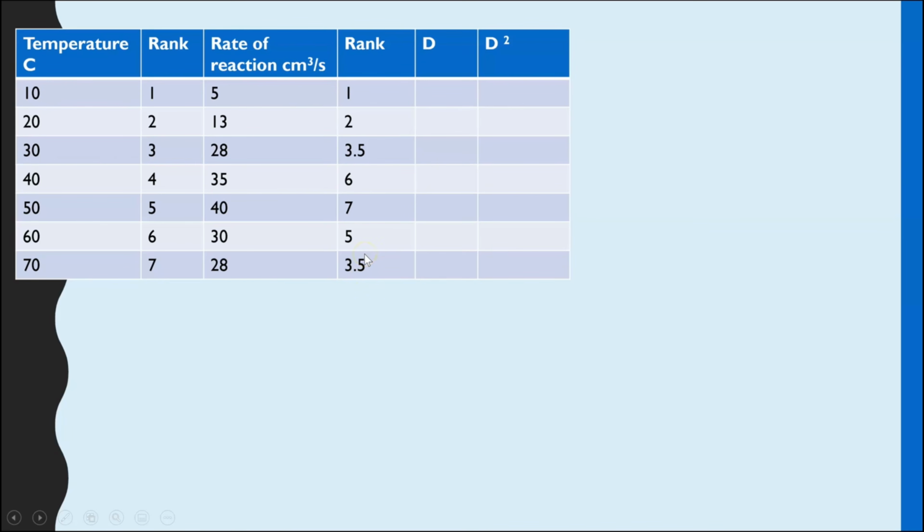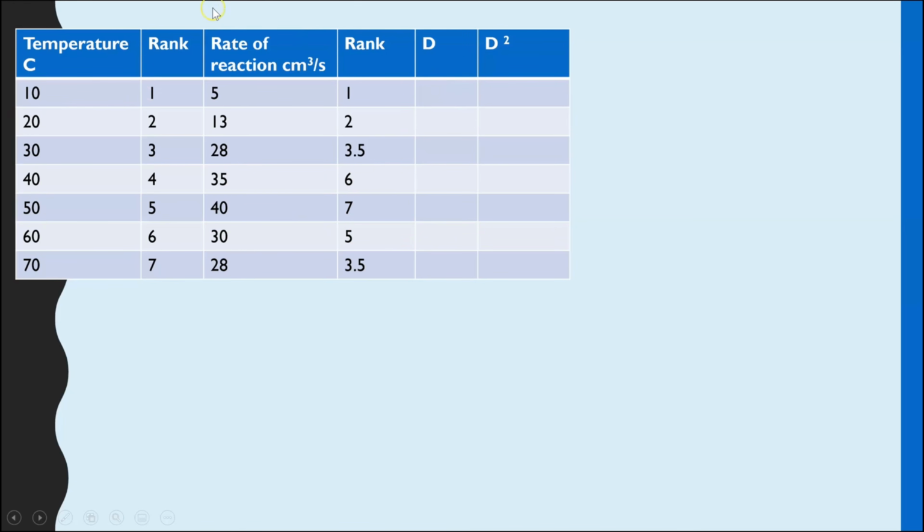And then it is the average of those two ranks. So if we do the average of 3 plus 4, which is 7, it would be 3.5. So that now means position 3 and 4 are taken. So our next highest is 30, and that would take rank 5. 35 is rank 6, and then we've got rank 7.